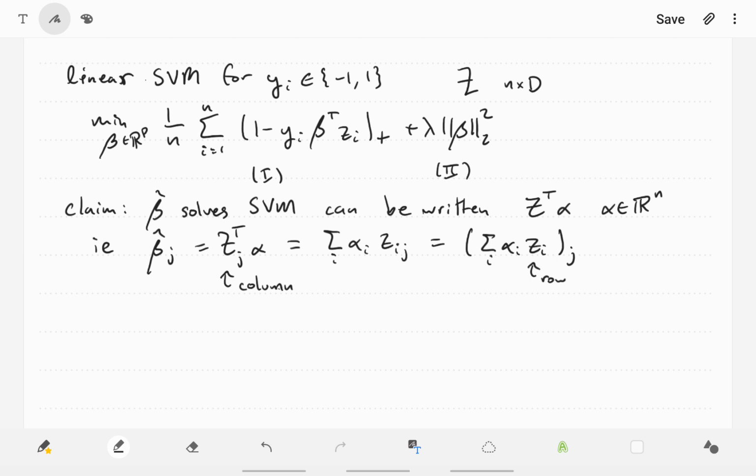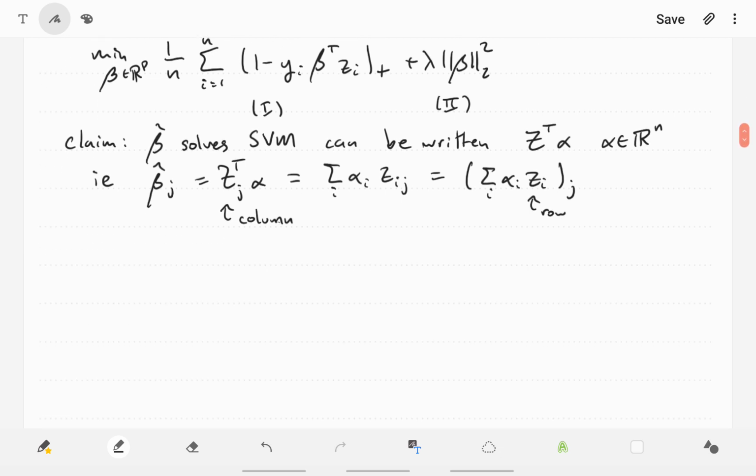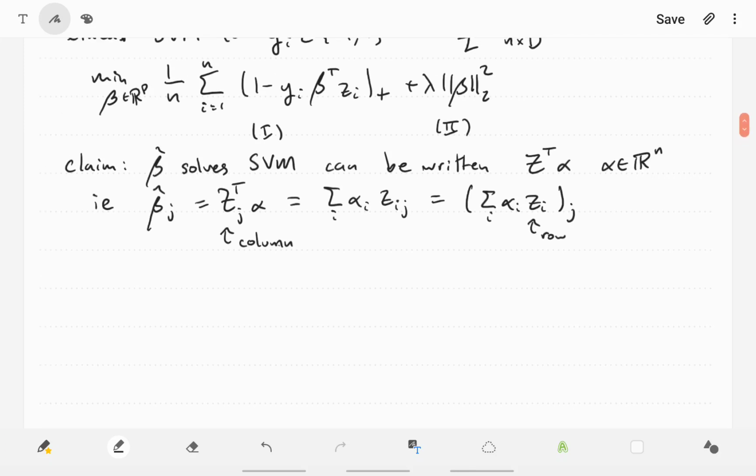So that's a claim. And we're going to verify it right now, and then we'll see what that implies later on. Another way to write this claim is that beta hat lies within the row space of Z. That's another way to think about this.